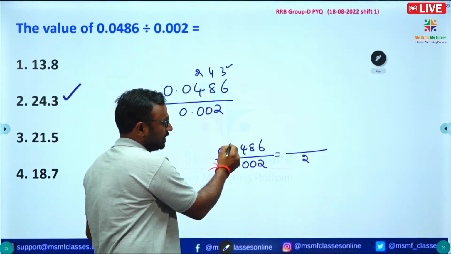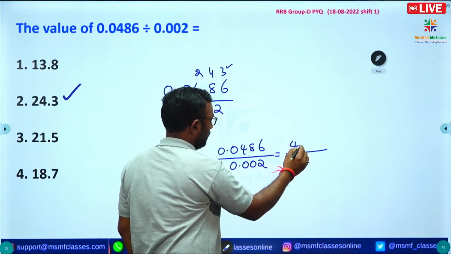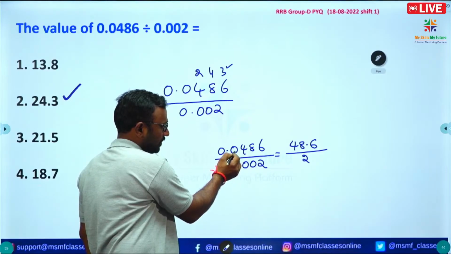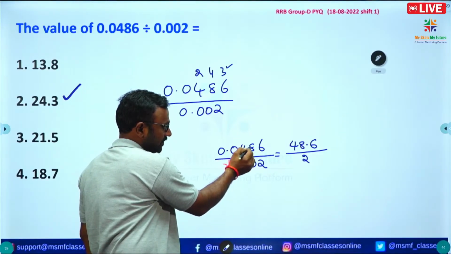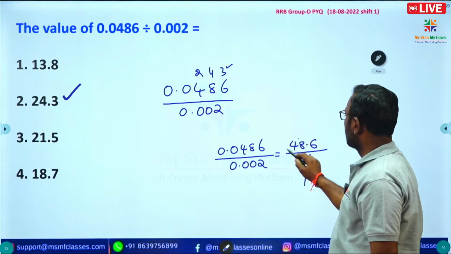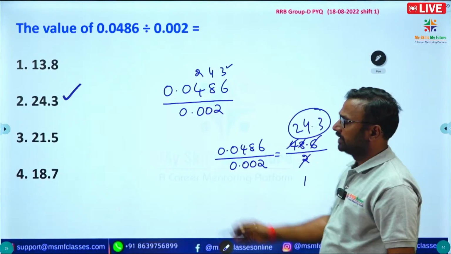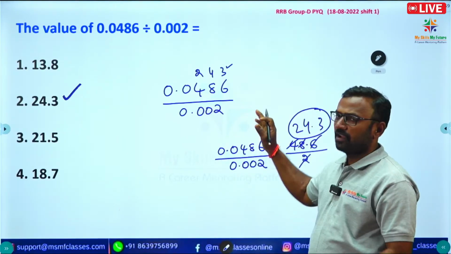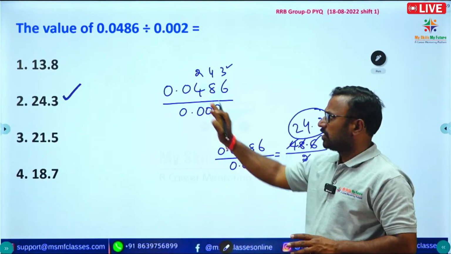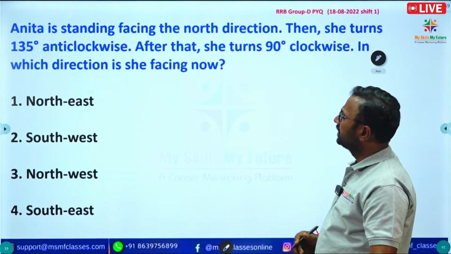So it will be 48.6: one digit, two digits, three digits. 48.6, so two ones are 2, two twos are 4, two fours are 8, two threes are 6. So 24.3. If you have the value 2 in the denominator, just take half of the value. See the options and click the correct answer. Next question.